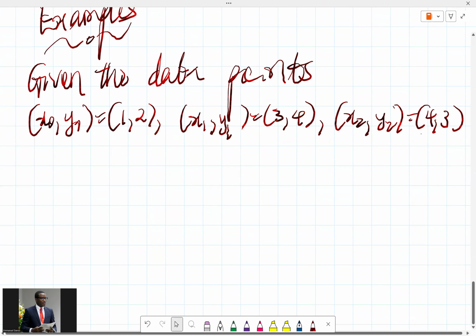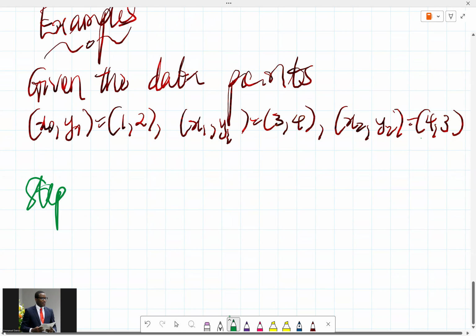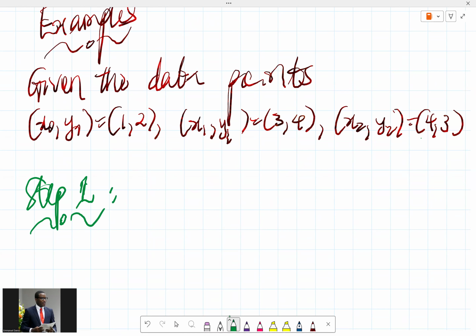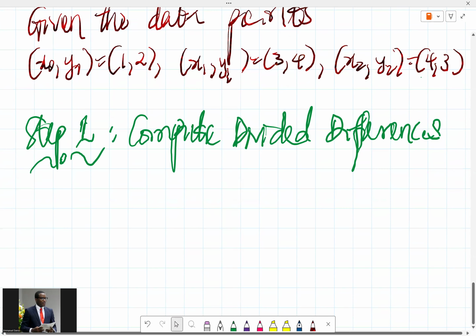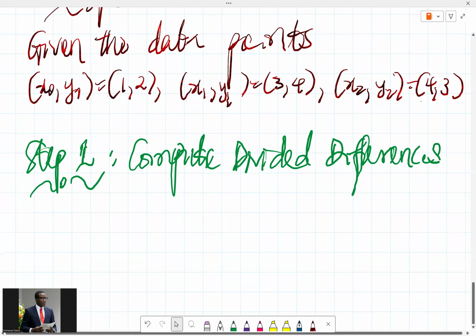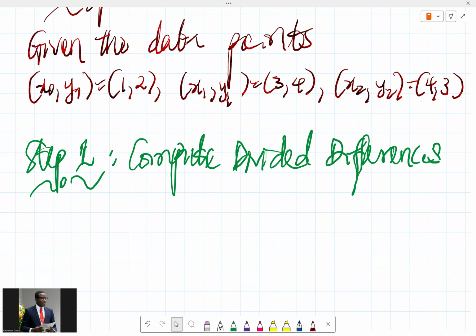Step one, we compute divided differences. Using the formulas, first of all, here we know all the x's we have: x naught, x1, x2.